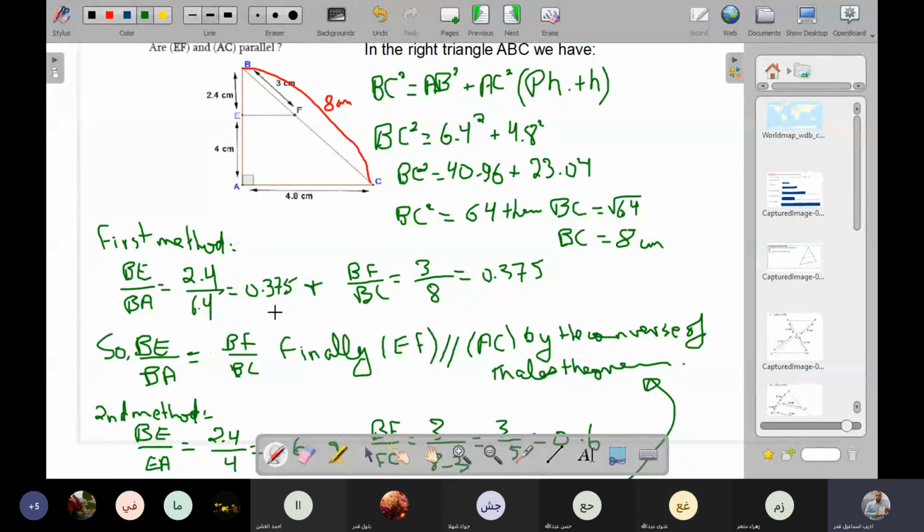We may take also BE over BF equal EA over FC. We may take also BE over BF and BA over BC. All these ratios give us equal ratios and mean that EF is parallel to AC.